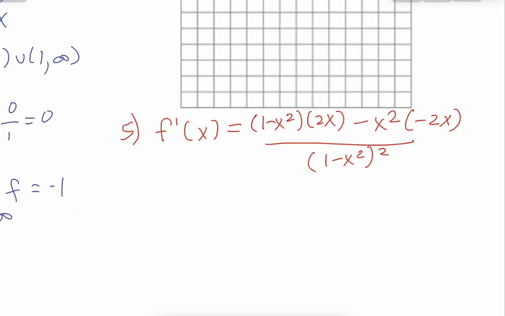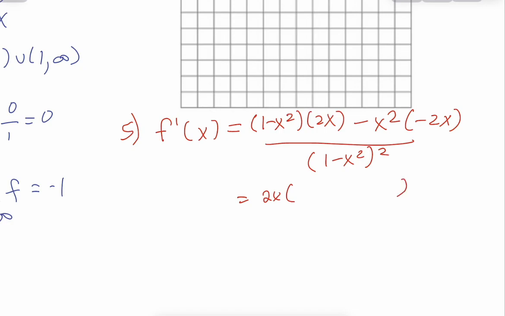Okay. Now, this one isn't so bad that if we wanted to, actually multiply stuff out, some good stuff happens. And it'll work out really nice if we do that. So we get, well, actually, let's just take out a 2x.